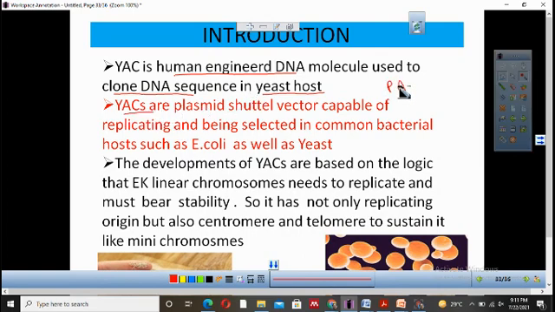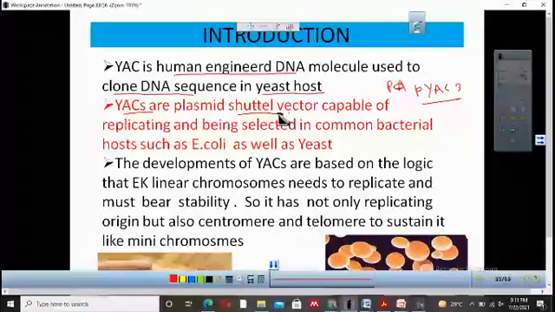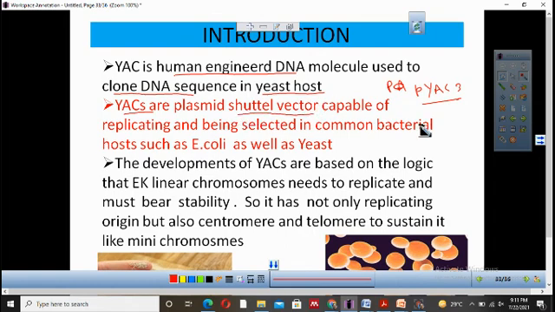One of the important plasmids is pYAC3. When YACs are in the plasmid form, they act as a shuttle vector, that is, they can propagate the DNA into the bacterial cells as well as in the yeast cells.